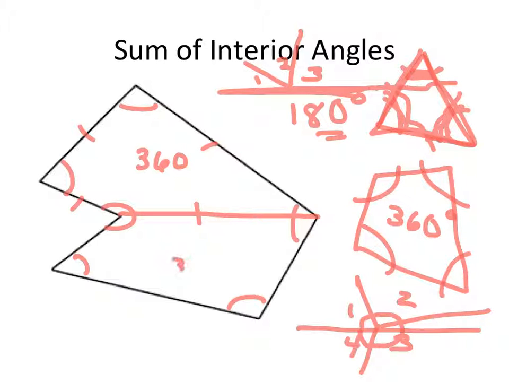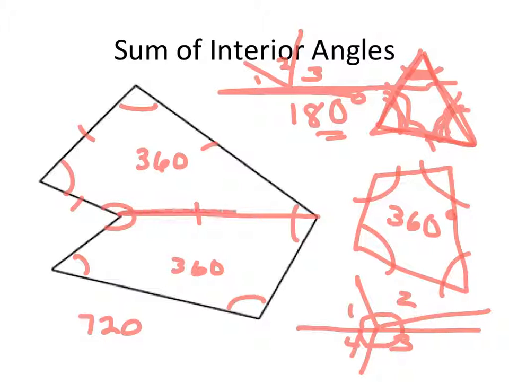I also have one here, 360. So I can use that information to know that there are 720 degrees in this polygon. I could also divide my shape into all triangles instead of four-sided figures.